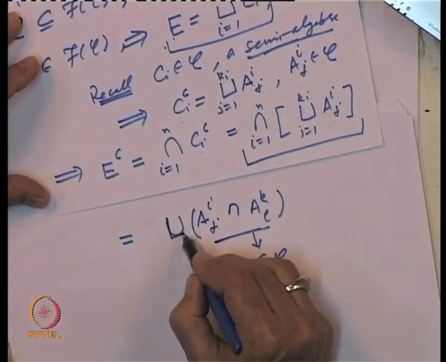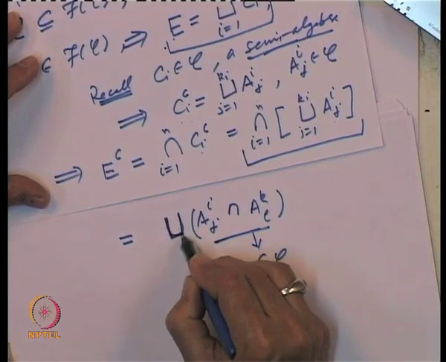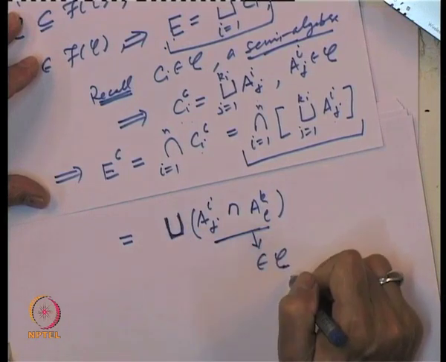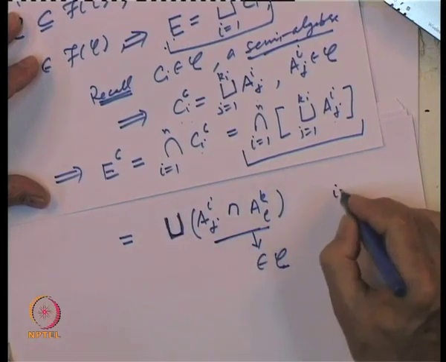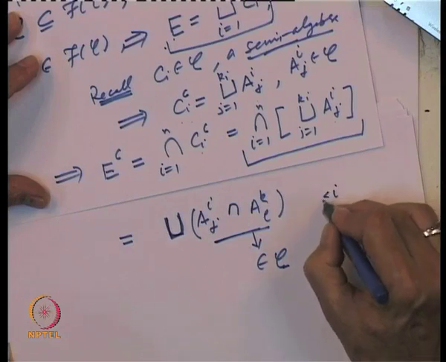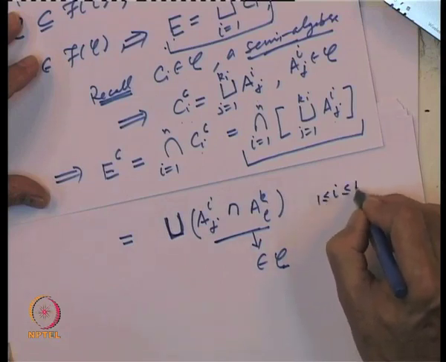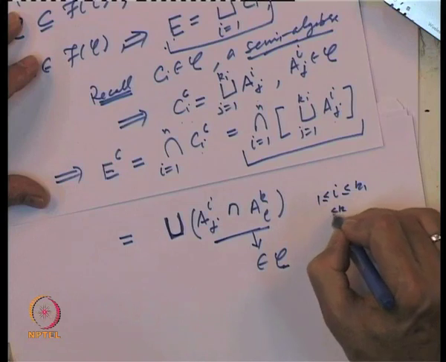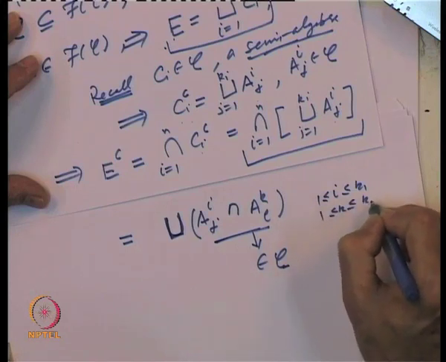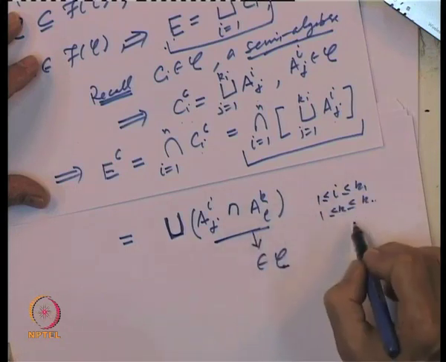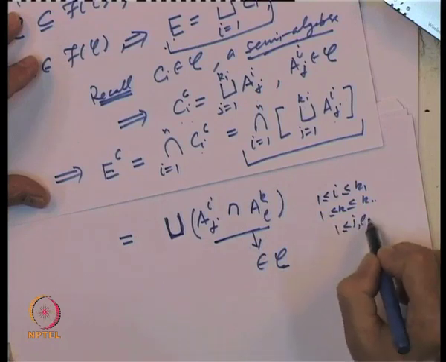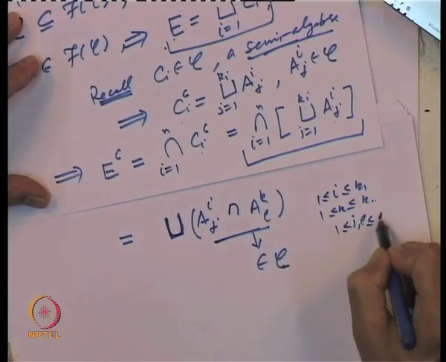So, I can say this is a disjoint union of sets of the following type, where i is between 1 and some index, k between 1 and some index, and j and L between 1 and k i and k L.